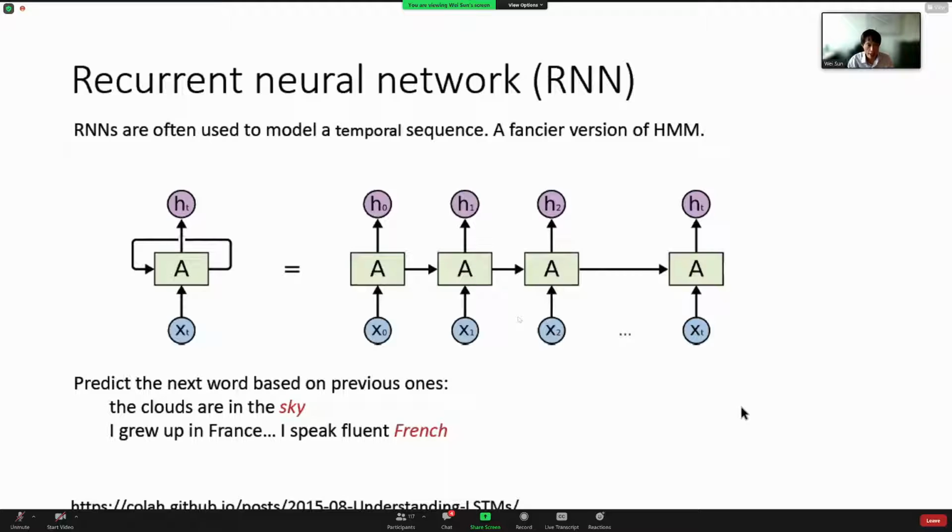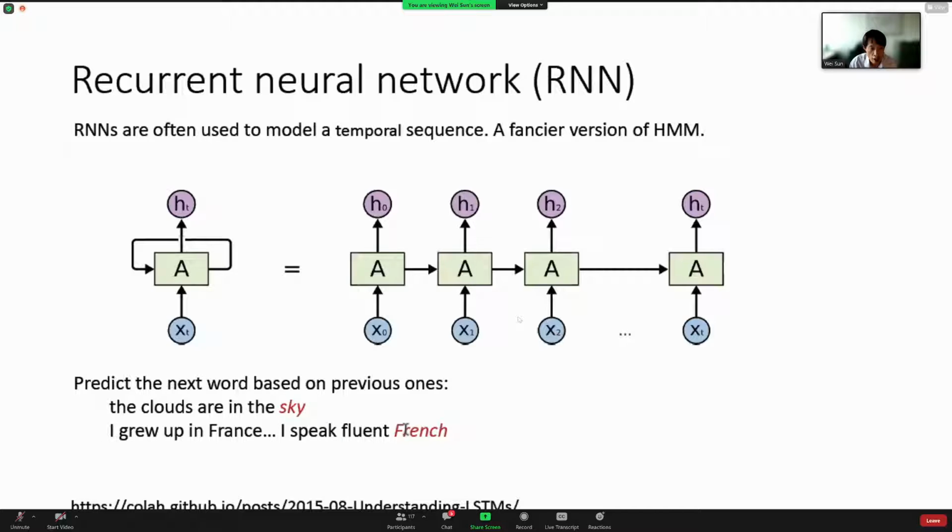But in language processing, for example, take this one: the clouds are in the sky. If I want to predict the word sky, this sentence is enough. The hidden Markov model can be modified to depend on probably a couple of time points ahead. The clouds are in the sky, so that's easy to guess.